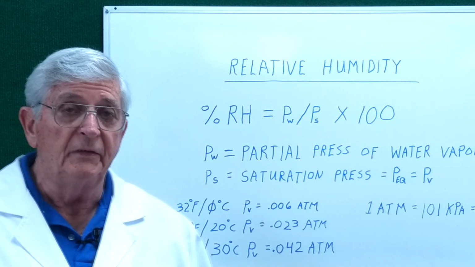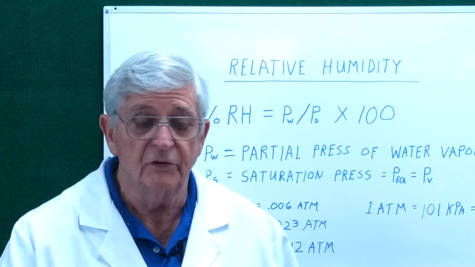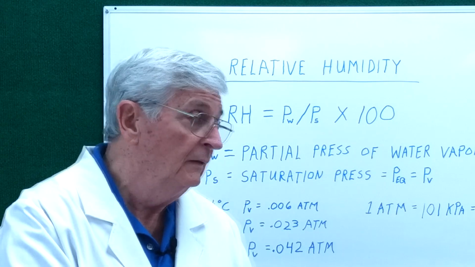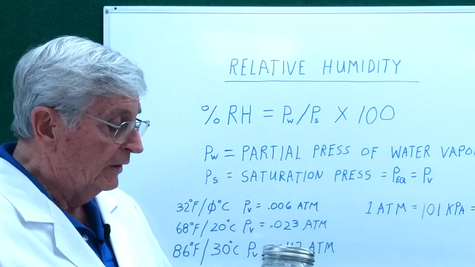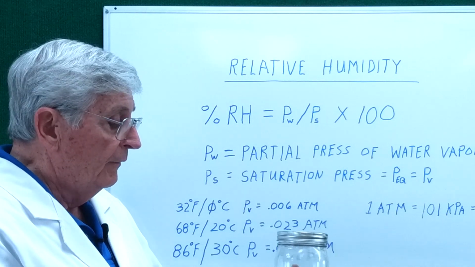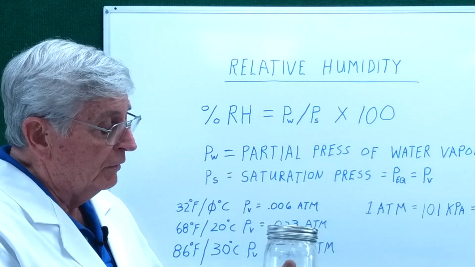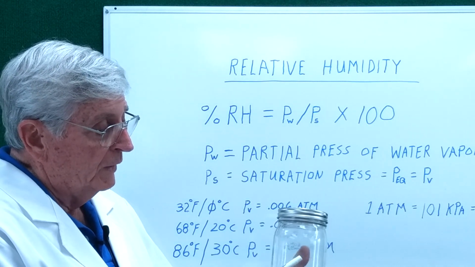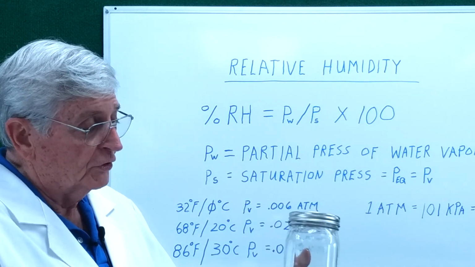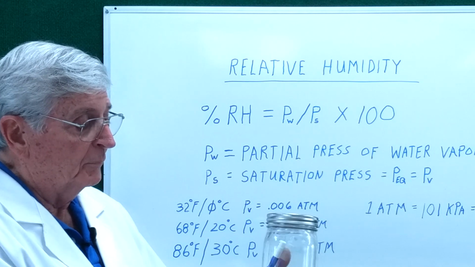Before we move on to the demonstration, there's some additional points I wanted to make. The reason this is sometimes called the equilibrium pressure is that's when the vapor pressure of the water is in equilibrium with the partial pressures in this trapped volume here.